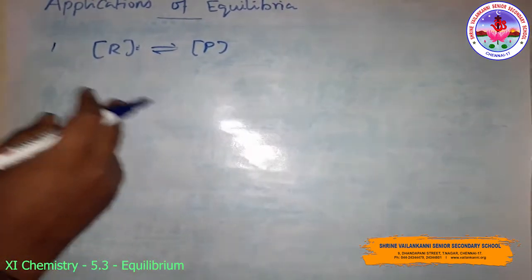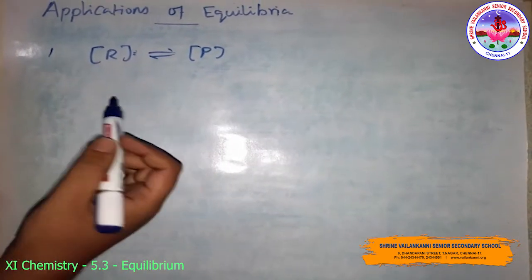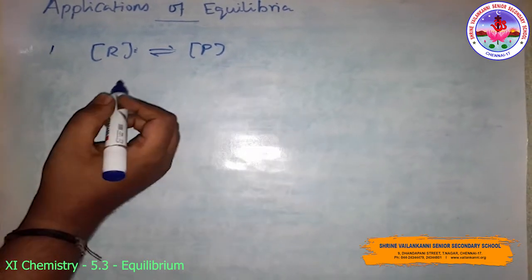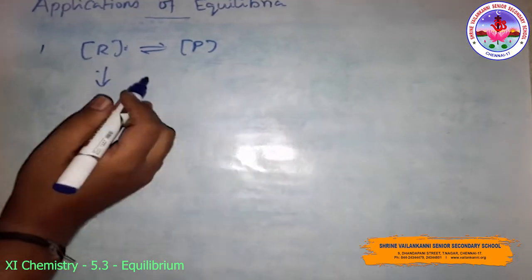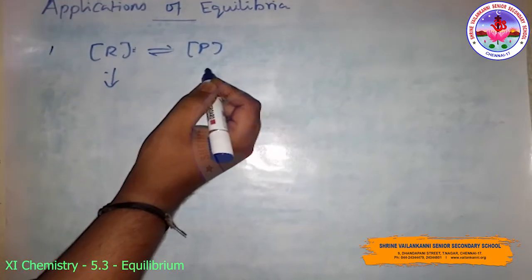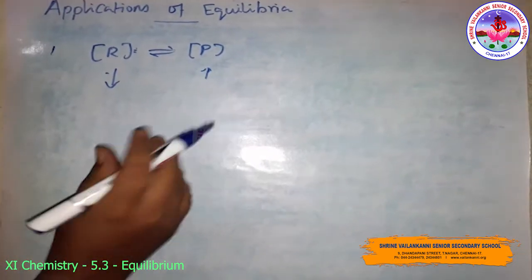Then the value of the equilibrium constant is independent of the initial concentrations of the reactants and the products.